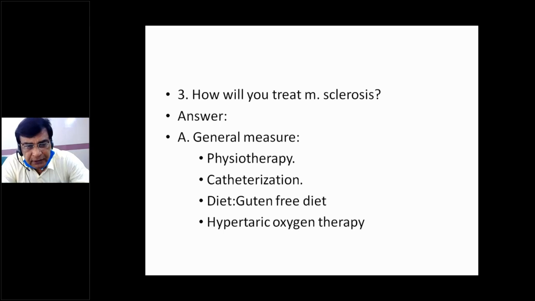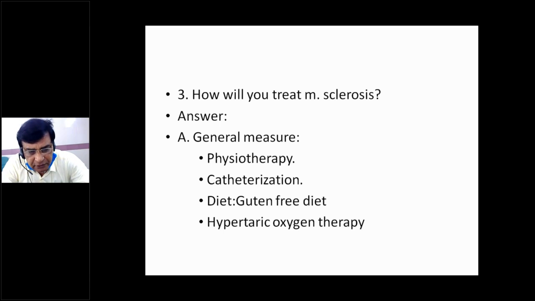And next question is, how will you treat multiple sclerosis? So there are different stages of treatment. Some are general measures. Number one, physiotherapy. Second, catheterization, because the patient may develop retention or incontinence of urine.